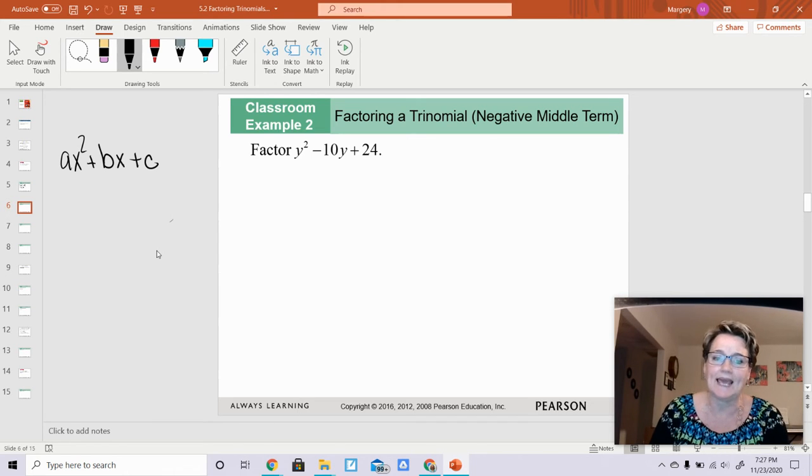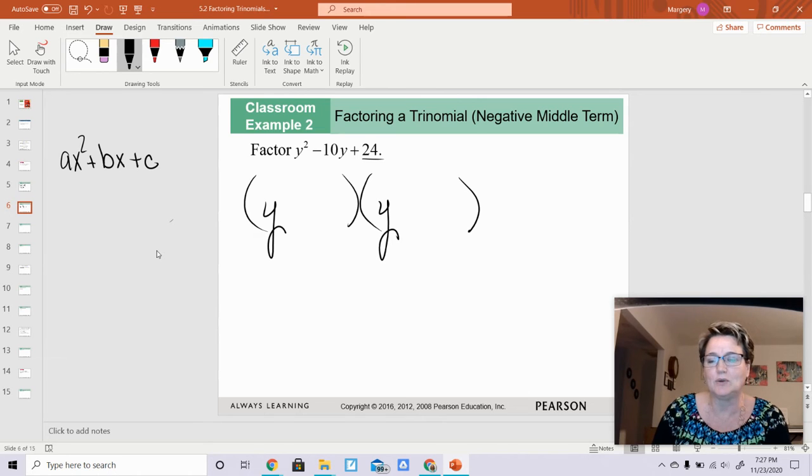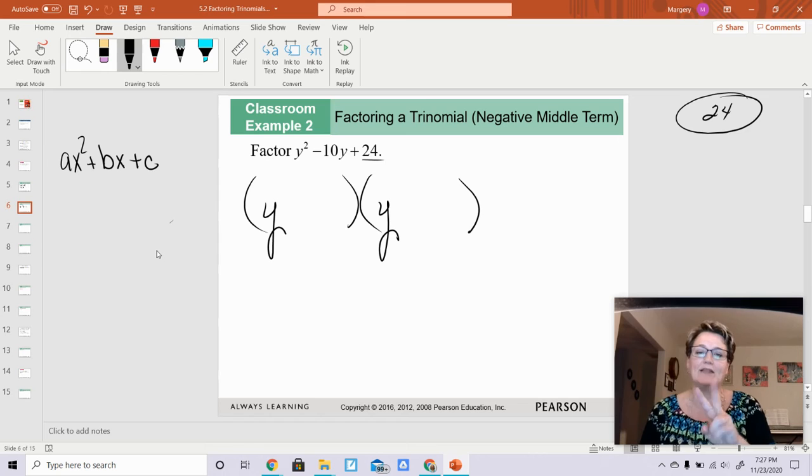In this case, they don't share anything, so I know it's going to look like this. The only way to get y squared is y times y. Now I'm going to look at the 24. I need to find two numbers that when multiplied together give you 24, but when added together give you negative 10. Let me think of some.